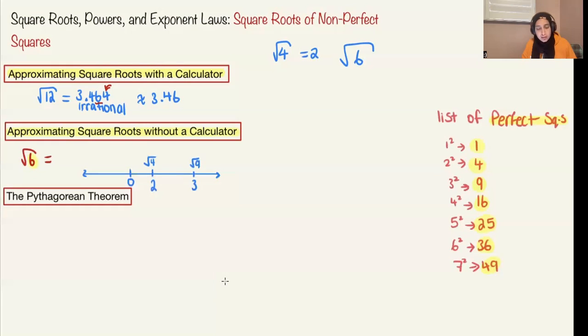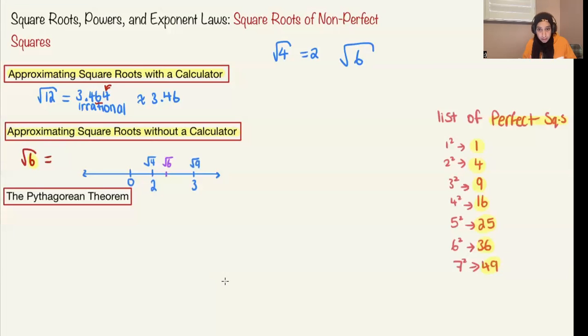So we can see that the square root of 4 and the square root of 9 are sitting in this way. And so the square root of 6 looks like it should be a little bit in between. It's not exactly in between, because between 4 and 9 that's 5 units, but between 4 and 6 that's 2. And so it looks like it sits over here, closer to 4.